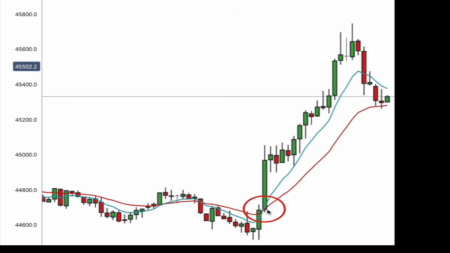But still, the reward being significantly higher than the risk, several times higher, that's what's going to make the difference. And that's how I trade, folks. I'm hoping this is making sense to you.